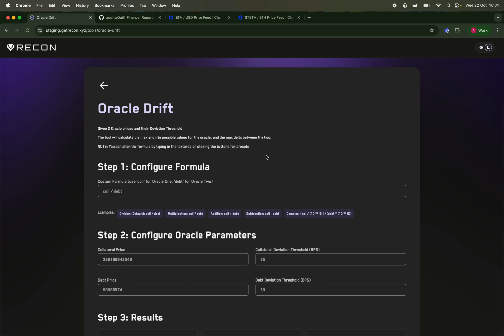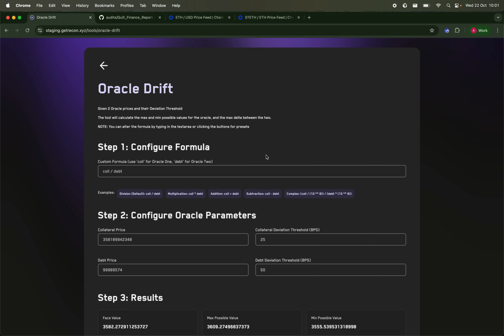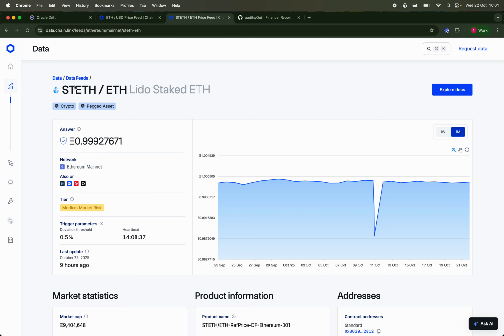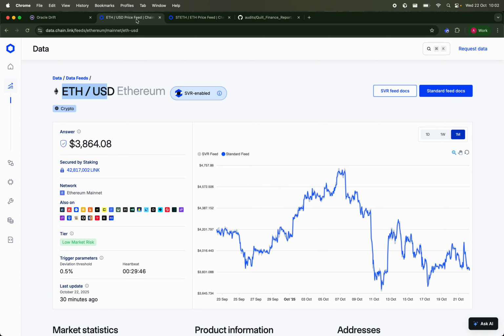deviation threshold. The simplest way to think about it is that if you have two variables such as collateral and debt, and both of these come from an oracle, say you have the ETH/USD versus the stETH oracle, the ETH/USD oracle is going to have its own deviation threshold, meaning it may be inaccurate up to 0.5%. And technically it could be inaccurate by more, by the way, but let's just assume that's its inaccuracy.